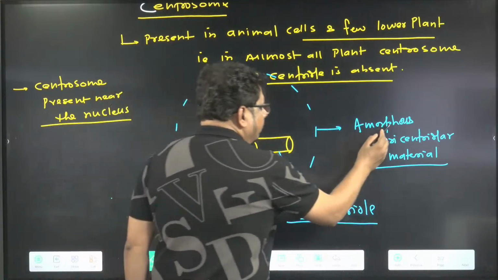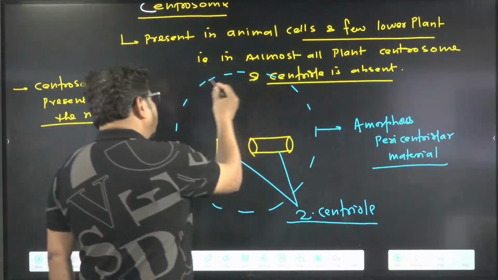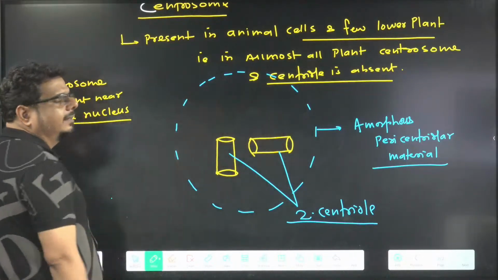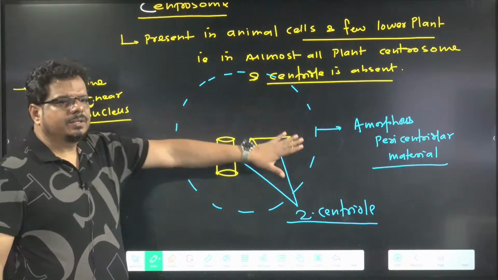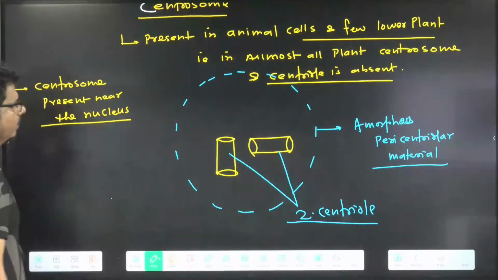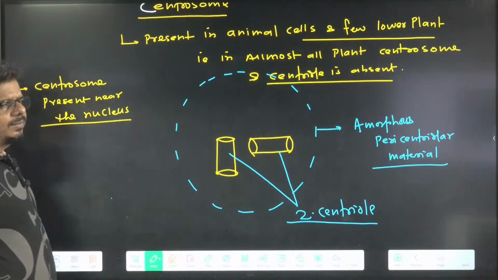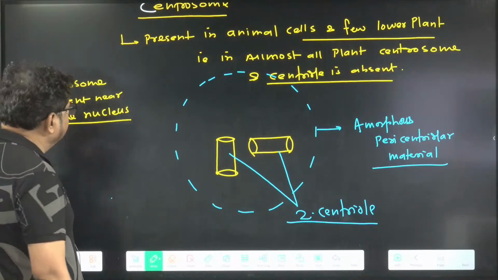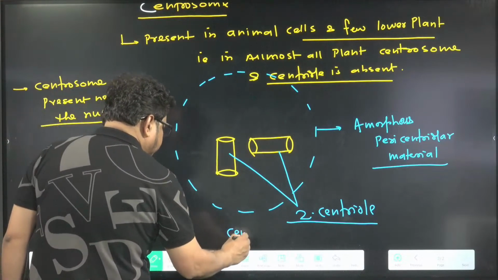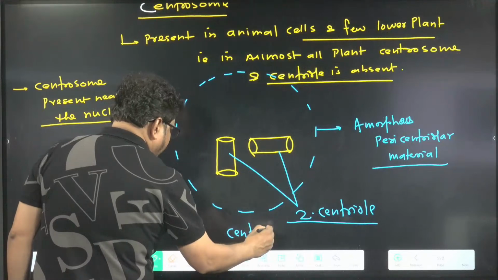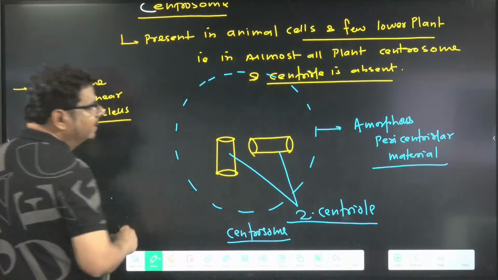So it is a non-membranous structure. The amorphous pericentriolar material is not a membrane. So this is the structure of centrosome. A centrosome has two centrioles which are surrounded by amorphous pericentriolar material. So you have seen the structure of a centrosome.